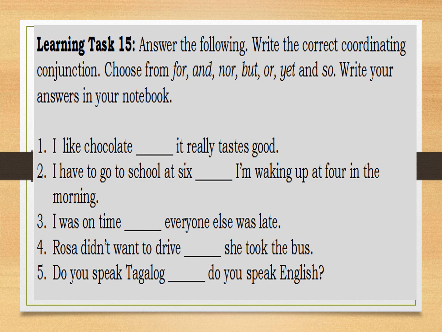Learning Task 15. Answer the following. Write the correct coordinating conjunction. Choose from for, and, nor, but, or, yet, and so. Write your answers in your notebook.